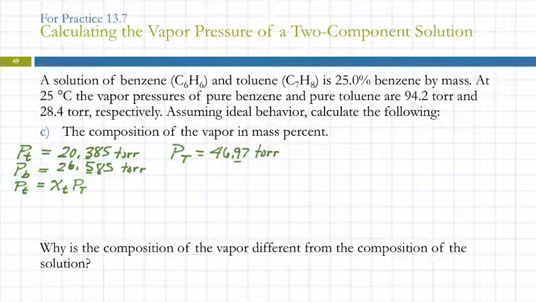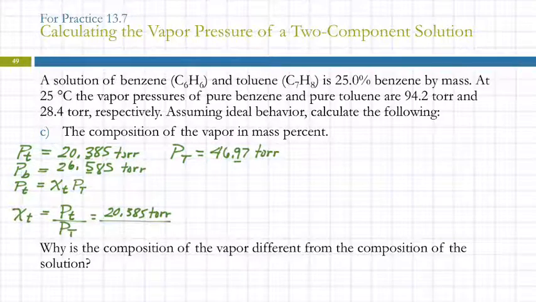So the mole fraction of toluene is going to equal the partial pressure of toluene divided by the total pressure. So it's 20.385 torr divided by the total pressure, 46.97 torr.